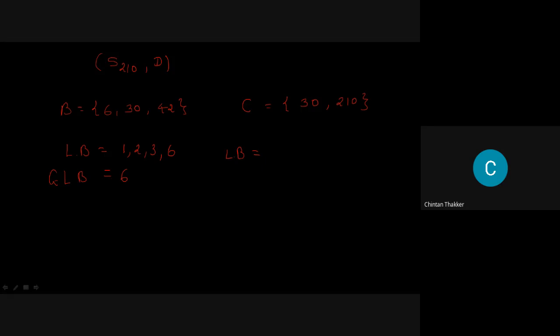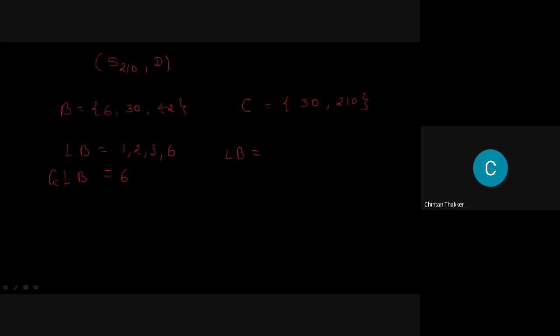Which one is the greatest lower bound? 2 divides 30. 30 is a lower bound.